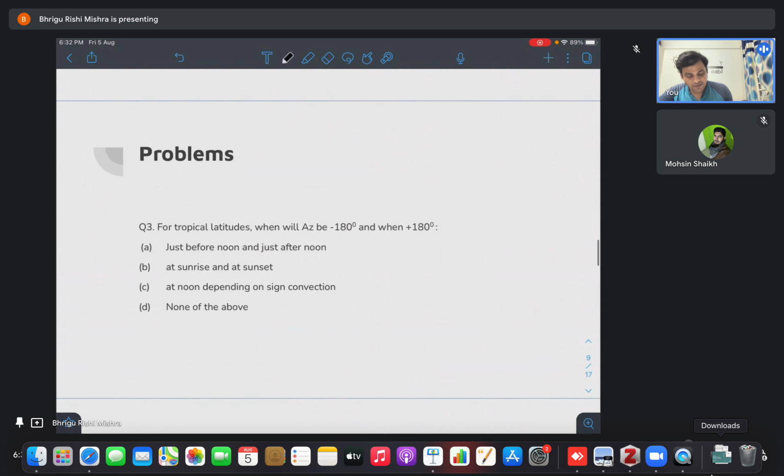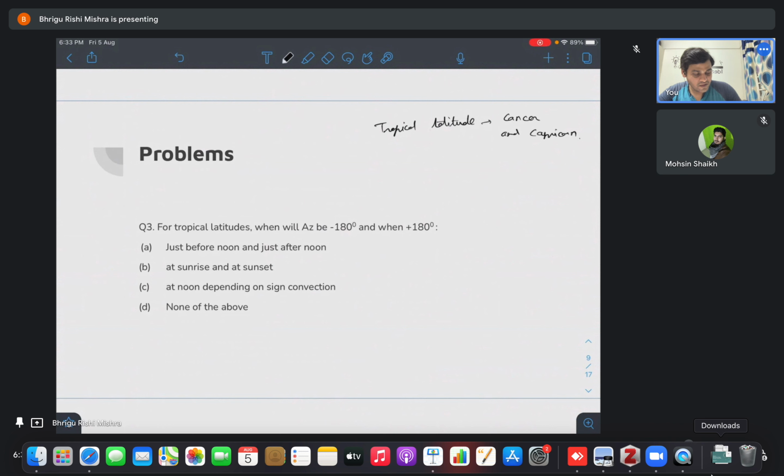The next question is, for tropical latitudes, when will AZ be minus 180 degrees and when plus 180 degrees? So what are tropical latitudes? They are basically the Tropic of Cancer and Tropic of Capricorn.